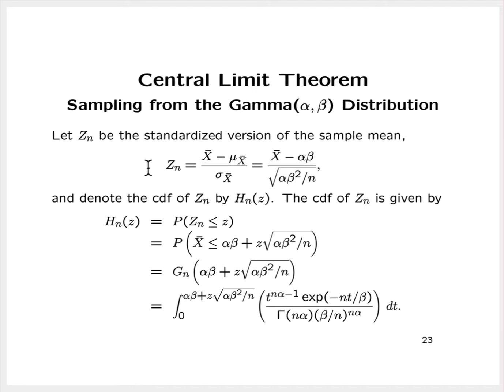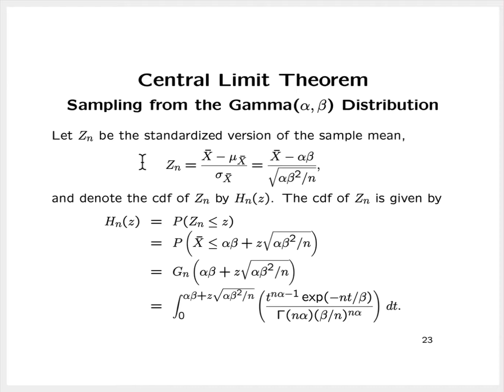And so the standardized version of x bar, Z sub n, where I'm subscripting Z with n as an index of sample size, is equal to x bar minus alpha times beta, which is the mean of the sampling distribution of x bar, divided by the square root of alpha times beta squared over n, which is the standard error of x bar. So Z sub n is the standardized version of x bar.